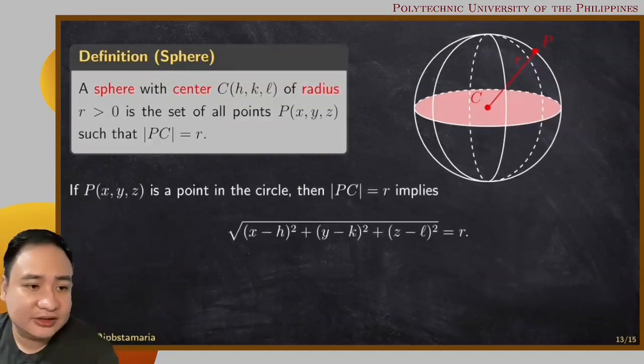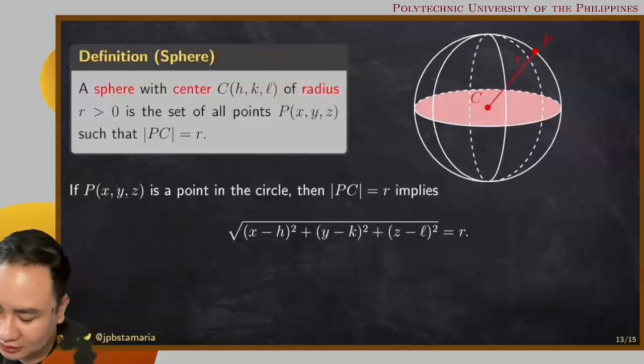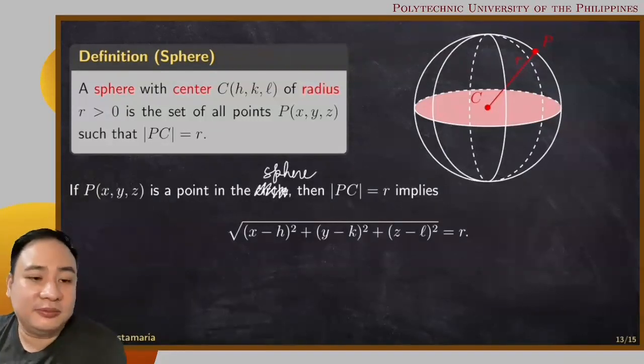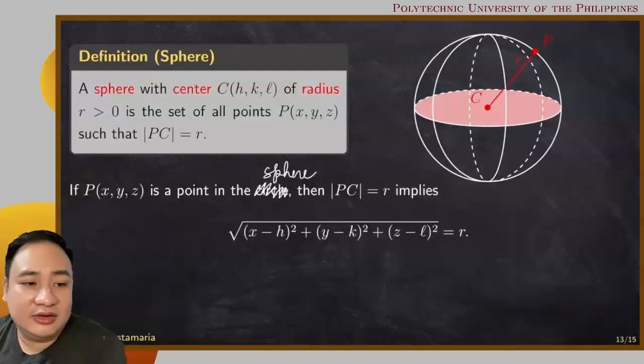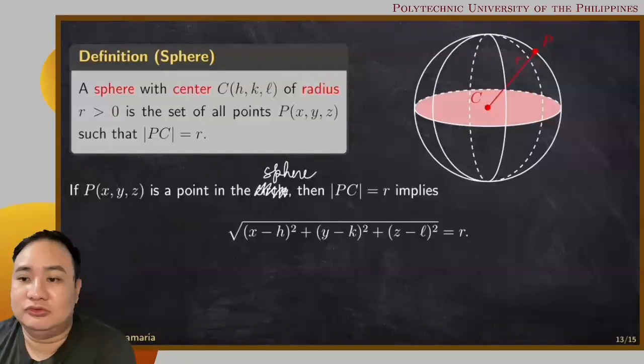So if P is an arbitrary point, mali, in the circle. O, kita nyo, mali yung pagkakatype ni Sir. Sphere kasi ito. If P is an arbitrary point in the sphere, then of course the distance of P from C is r by definition. Using the distance formula, you can calculate distance like so, right?